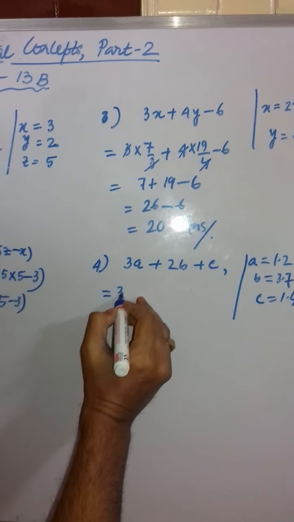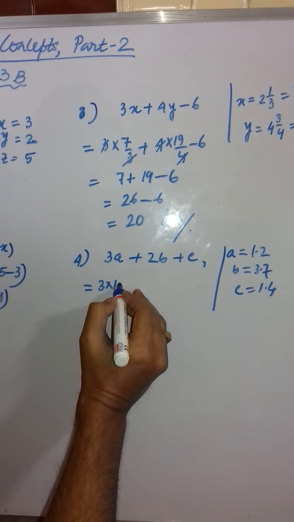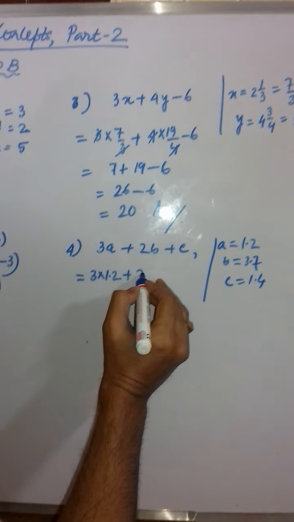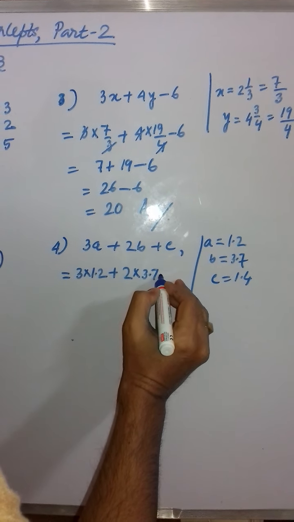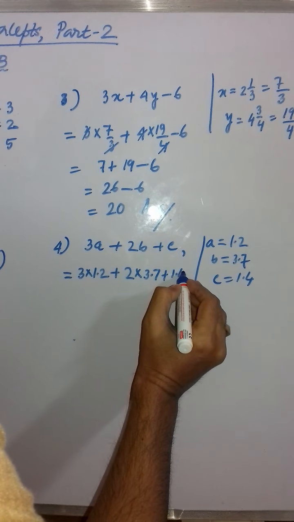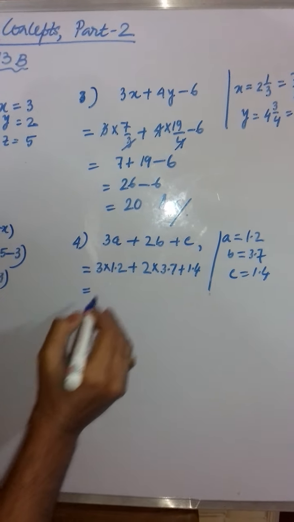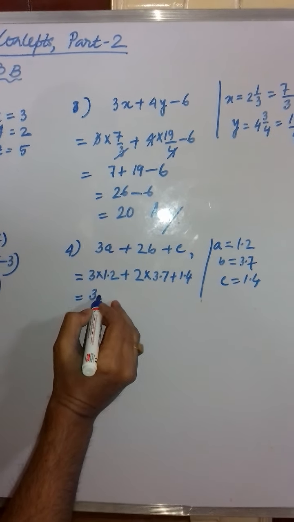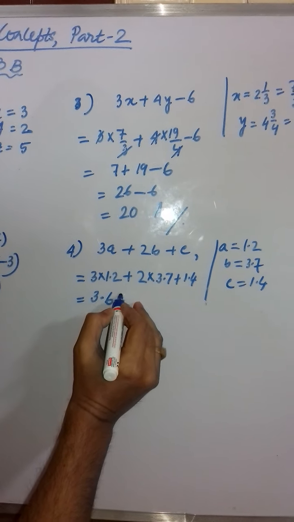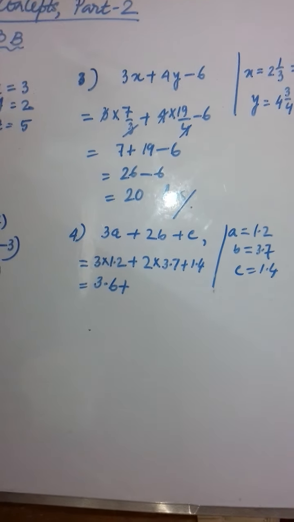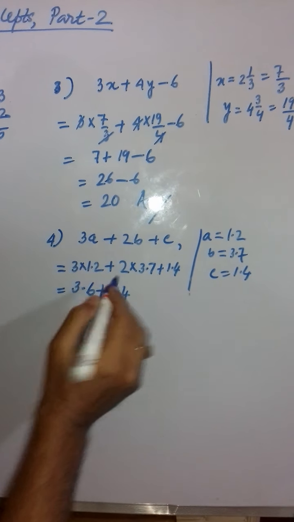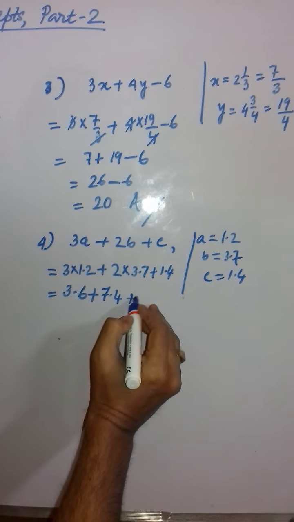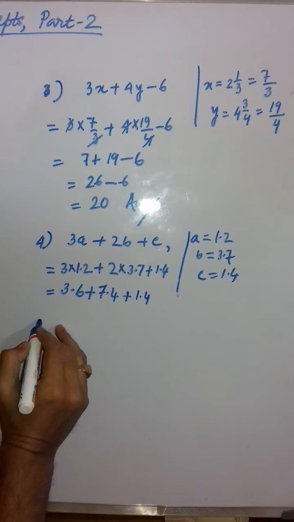So 3 into 1.2 plus 2 into 3.7 plus 1.4. So 3 into 1.2, that is 3.6, plus 2 into 3.7, that is 7.4, and plus 1.4.